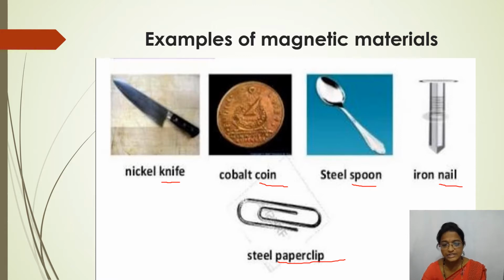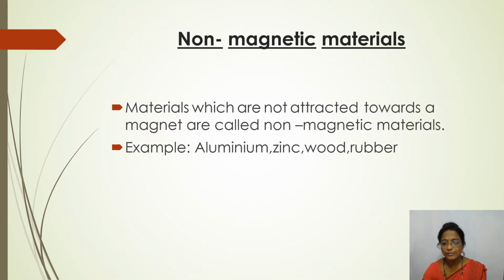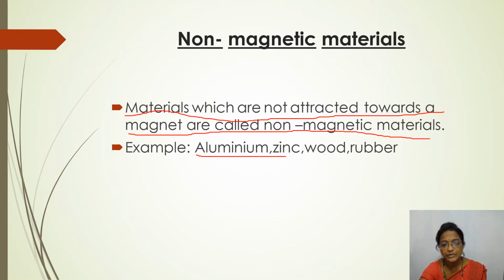Next is non-magnetic materials. What do you mean by non-magnetic materials? Materials which are not attracted towards a magnet are called non-magnetic materials. The examples are aluminium, zinc, wood, rubber.